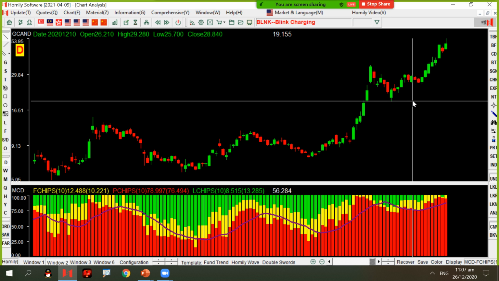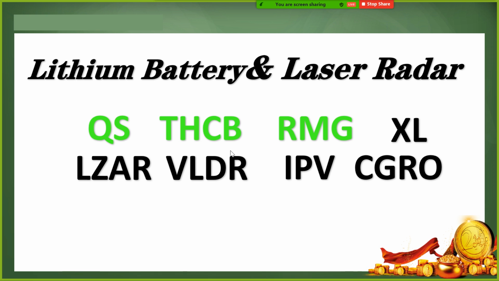Okay, then now change. You see, the first one I share with you is the lithium battery. We can see QS, THCB, RMG. Like RMG and QS are so strong. Just after the SPAC IPO until now, less than 1 month, they already rose up 500%.